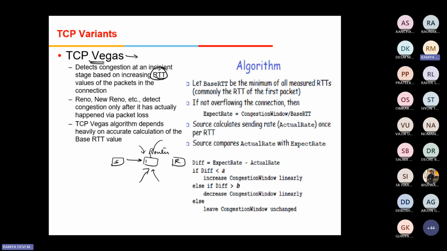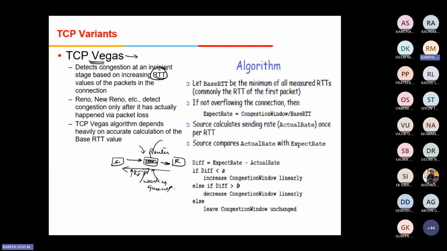So the queue becomes full. What happened? The RTT will increase, the time to send the packet and get an acknowledgement. This will increase because the waiting time in the queue increases, so the RTT increases, right?